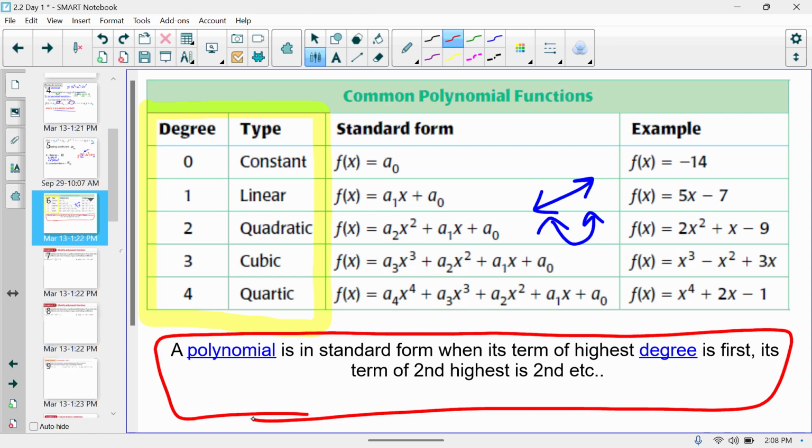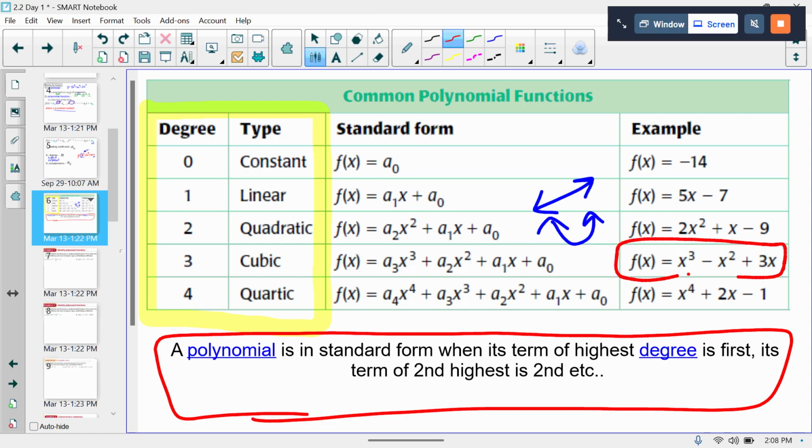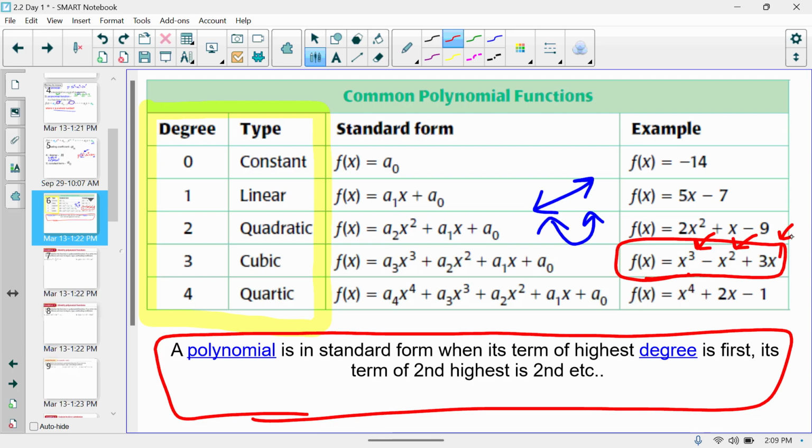If you look at this right here, it's a good example of something that's in standard form because see how it has the term that has an exponent of 3 first, then 2, then 1. Okay, standard form says take the term that has the highest degree and write it first, the highest exponent, then the next lowest, and so on. You're basically writing it in order from greatest to least exponent, okay?